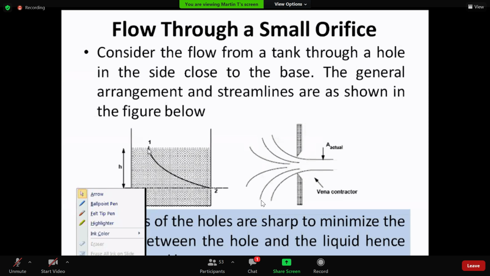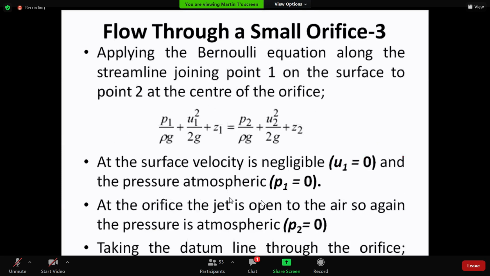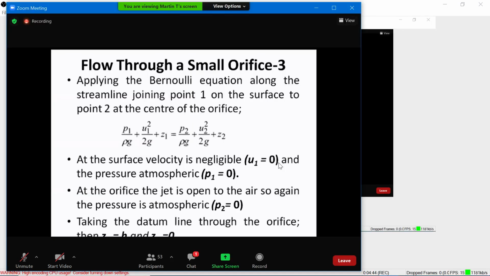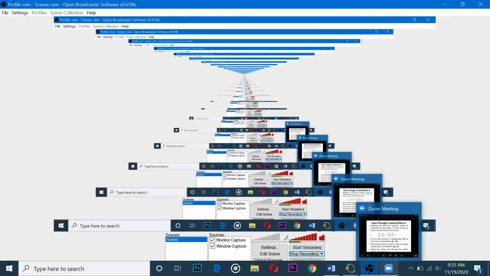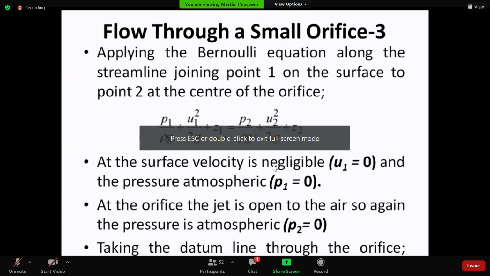So if you consider a streamline that cuts through point 1 and point 2, where point 2 is at the orifice, and apply Bernoulli's equation, we can say P1 over rho g plus U1 squared over 2g plus Z1 is equal to P2 over rho g plus U2 squared over 2g plus Z2, where the terms denoted by 2 are the conditions at the orifice.